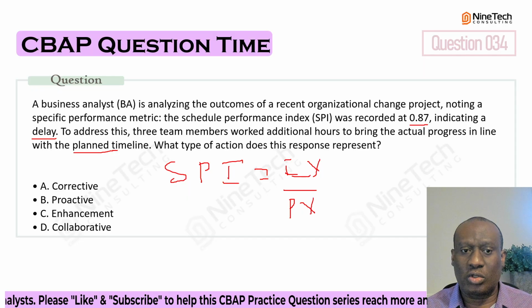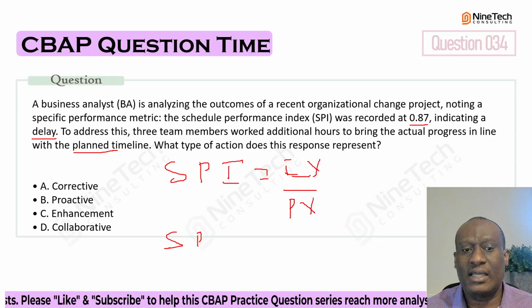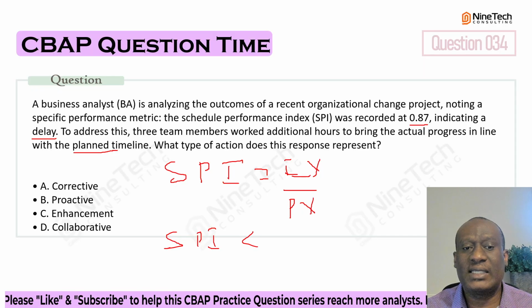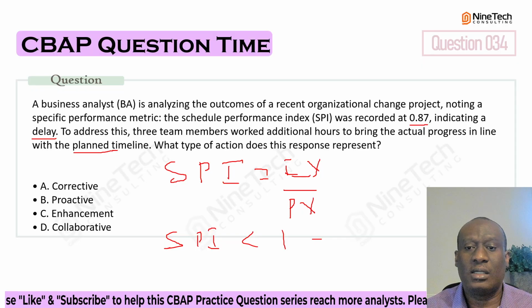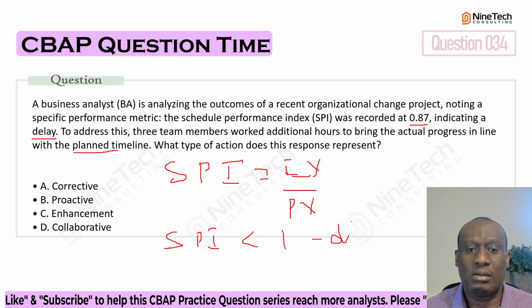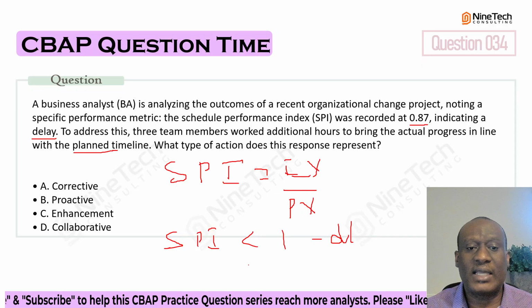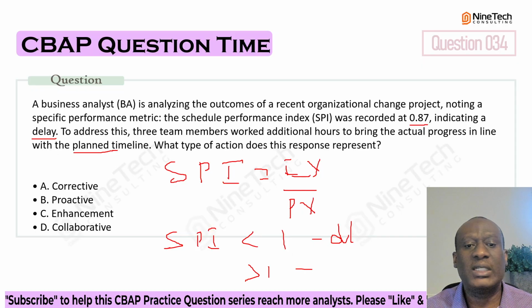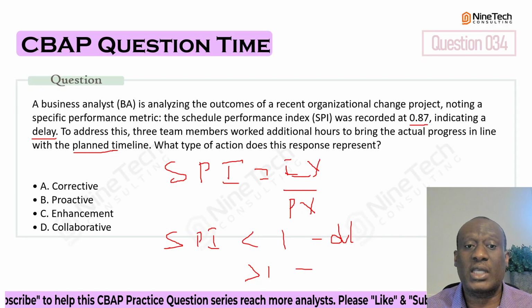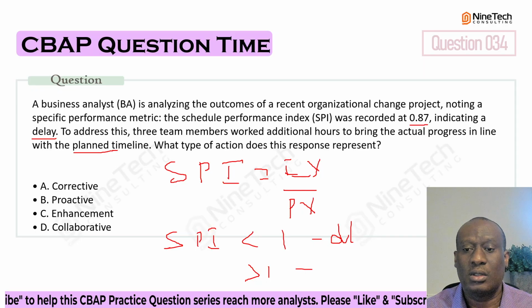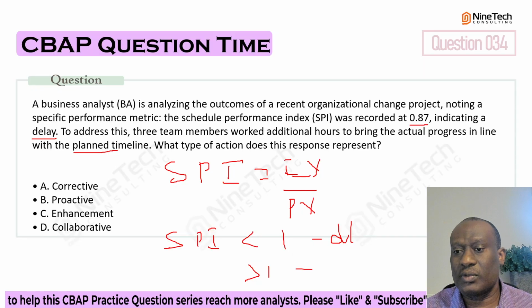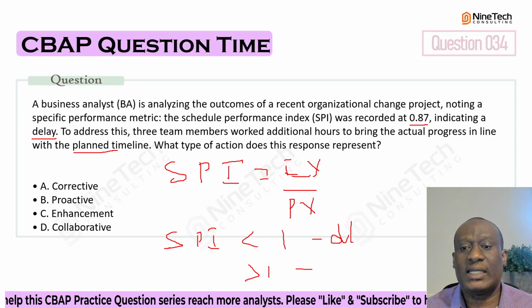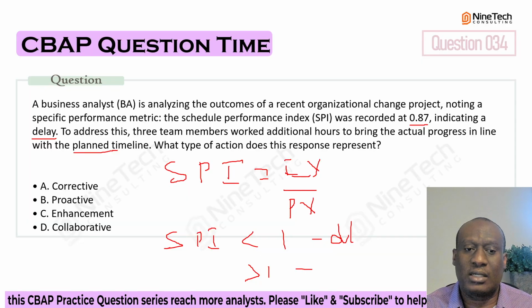What I need you to take note of is that anytime the SPI is less than 1, then there is a delay. Anytime the SPI is greater than 1, then in terms of schedule, we are doing really, really well, and the project is ahead of schedule.